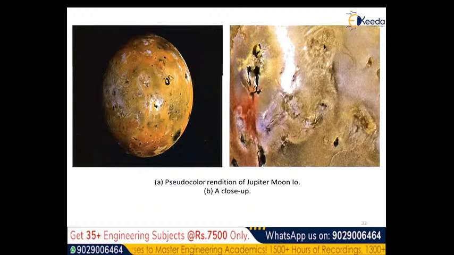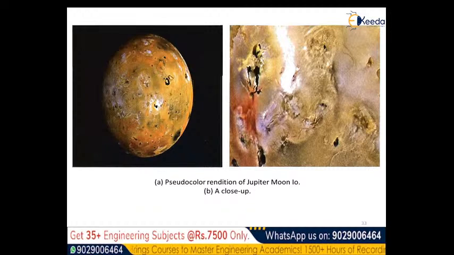In this pseudo-color image, the bright red depicts the material that is newly ejected from the active volcano on that Jupiter moon, surrounded by yellow materials which are older. So on this Jupiter moon, this is the study of what is going on at this volcano. The red portion is the newly ejected material, and the yellowish portion is of an older time. This is the description of this image.